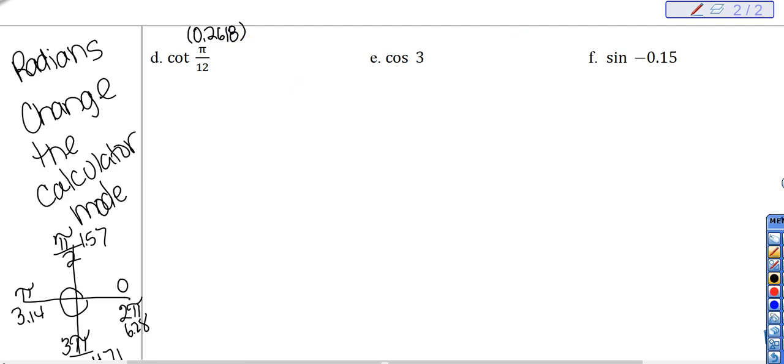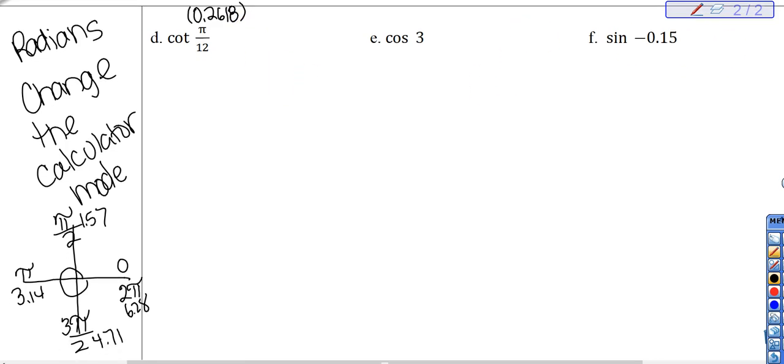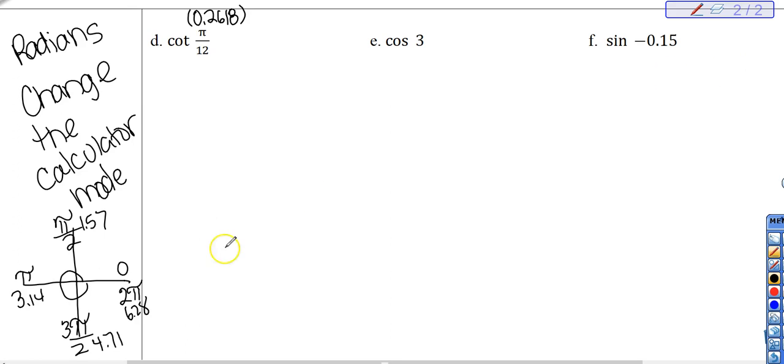Okay, so that's a pretty small radian, right? 0.2618 radians, and that's definitely between 0 and 1.5. It's really small. So when I go to draw my angle here, my terminal side is definitely in quadrant 1. And what do we know about cotangent in quadrant 1? It's positive. Everything's positive in quadrant 1.